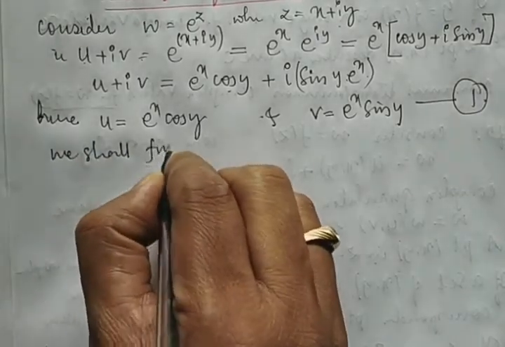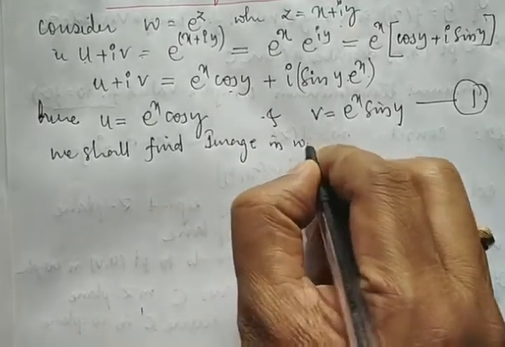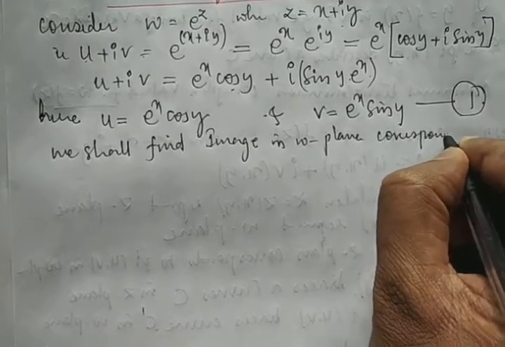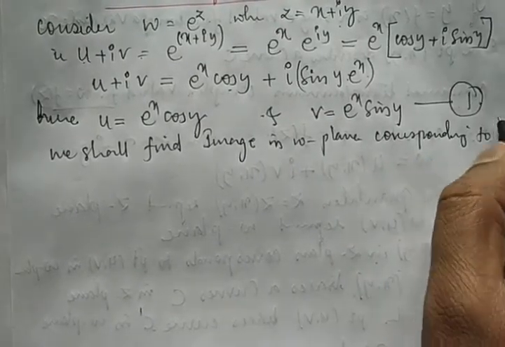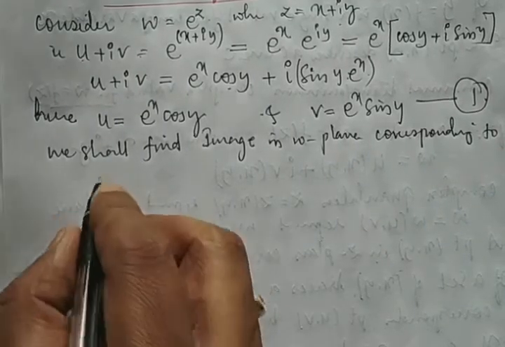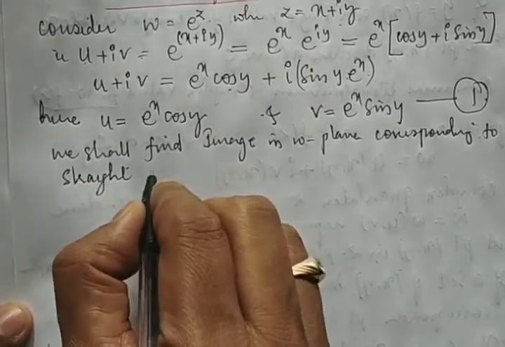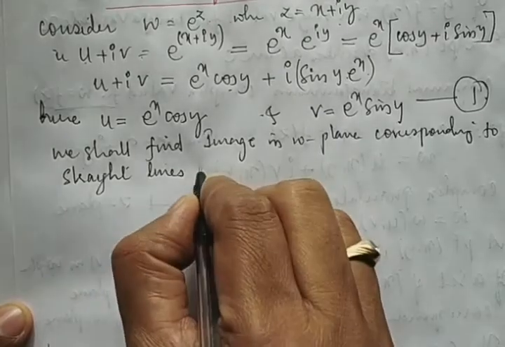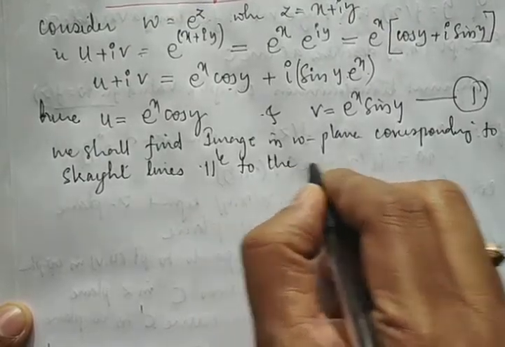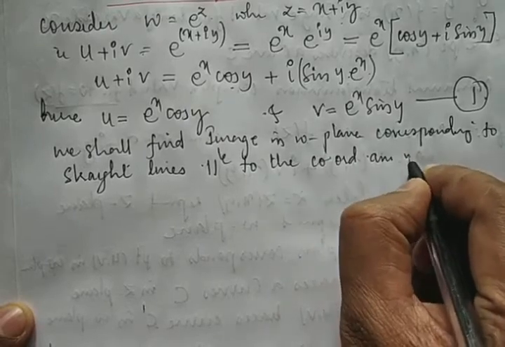We shall find the image in omega plane corresponding to the image in z plane, and that image we will take as a straight line. Means in z plane we will be taking a straight line which is parallel to the coordinate axis in z plane.